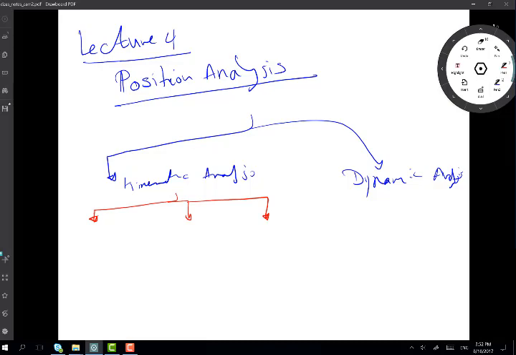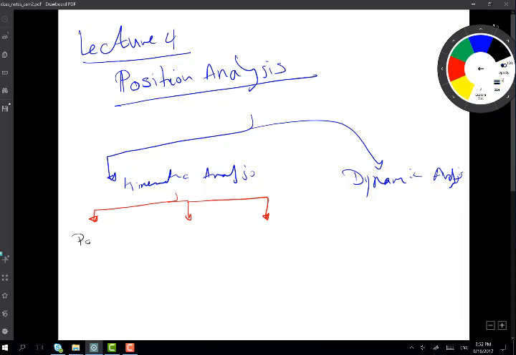For a single degree of freedom linkage, you need one parameter, which can be the angle of the crank, for example. If you know this angle, then you can work out the position of any other link in the linkage at this point in time. So this is the first stage of kinematic analysis, and that's the position analysis.